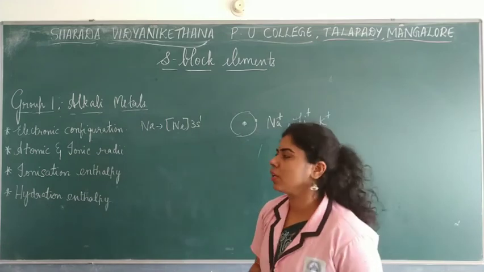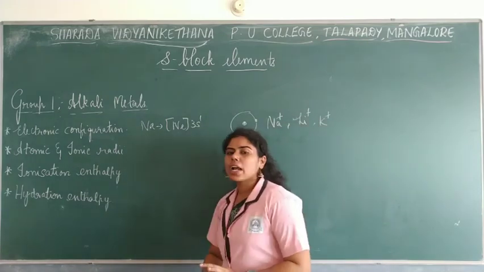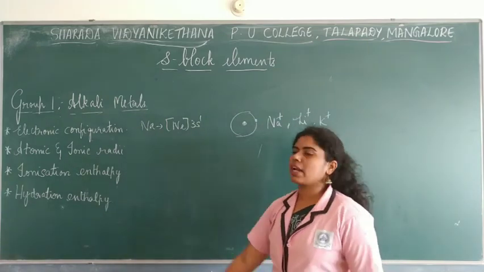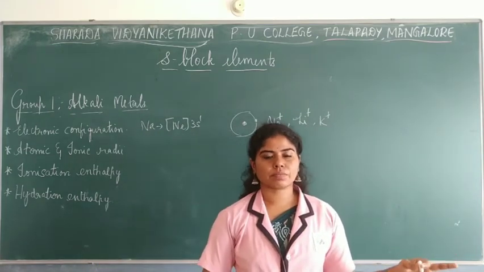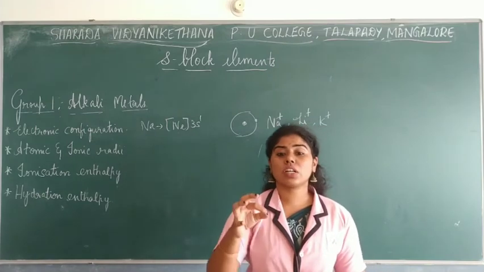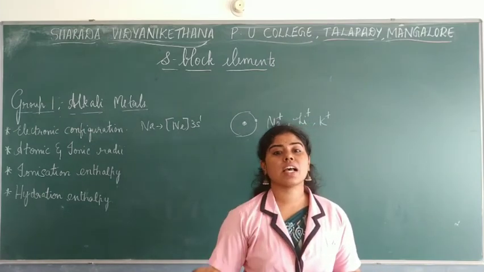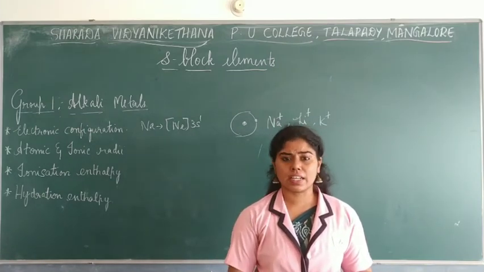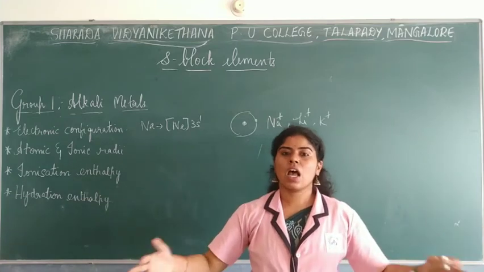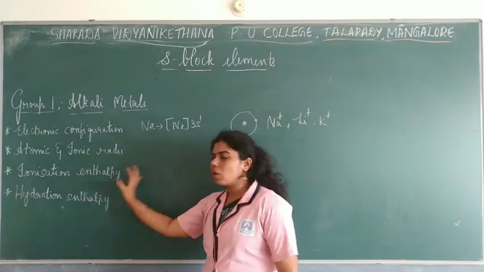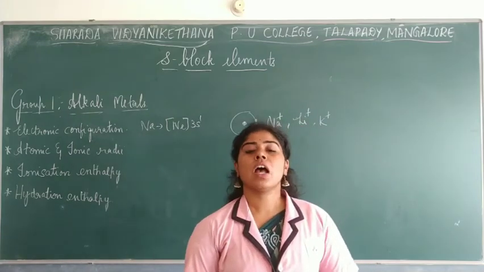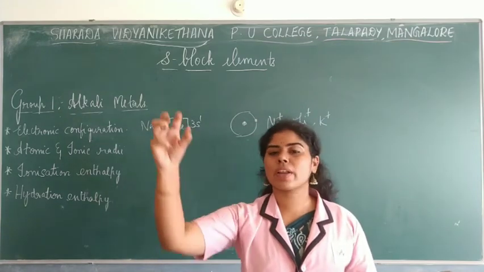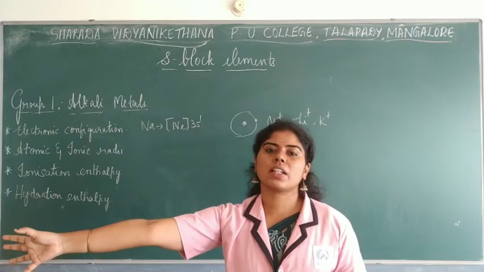That is how we calculate it. So talking first of all about atomic radii, as you all know, if the size keeps on increasing, what happens to the attraction between the nucleus and the outermost shell? It obviously decreases. Which means that out of the whole periodic table, these first group elements, the alkali metals, will have larger size when compared to all of the elements in the periodic table.